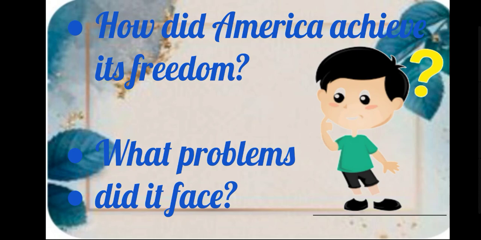After that, what problems did it face? Once America achieved independence, there was an internal struggle over the issue of abolition of slavery, which led to the southern states withdrawing from the Union. As you know, there were different economic systems of southern states and the northern states. So, southern states wanted slaves for their field work.